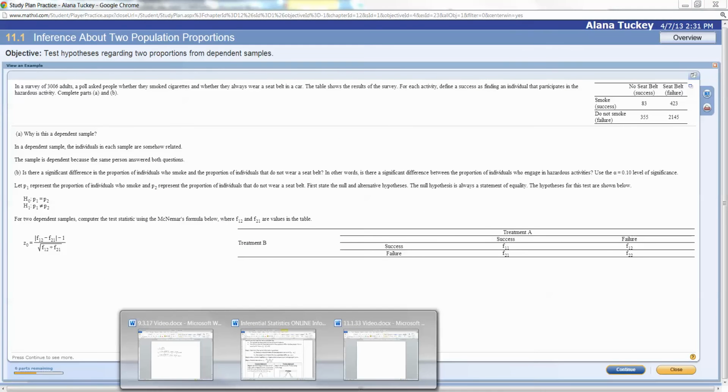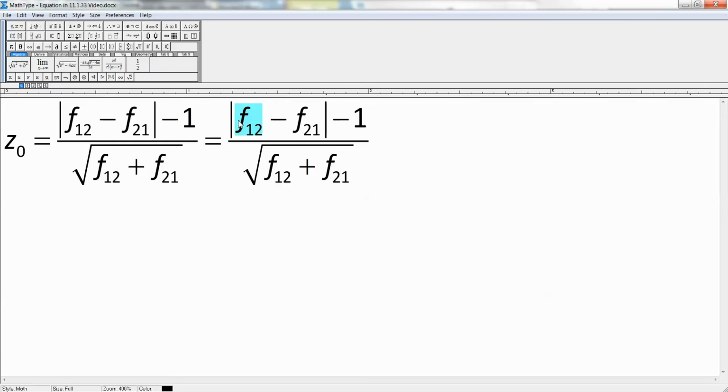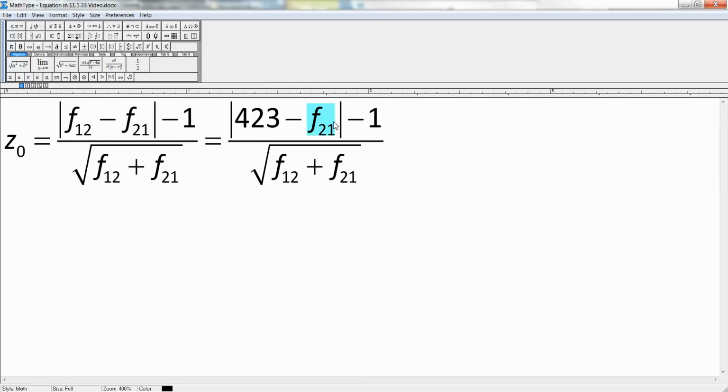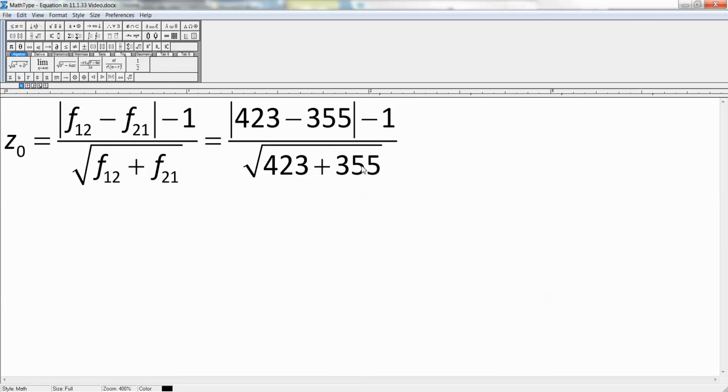So I'm going to take 423, take away 355. I'm going to do it down here, 423 plus 355. And of course, I'm going to use a calculator, and you just need a basic one to help yourself out here.